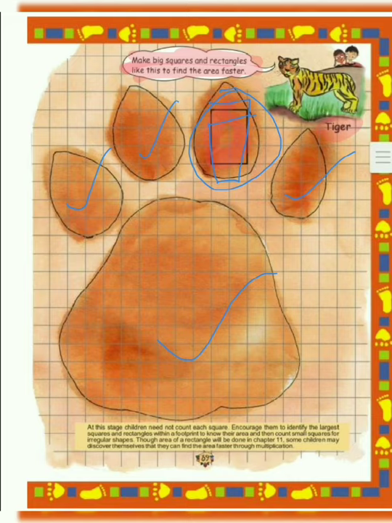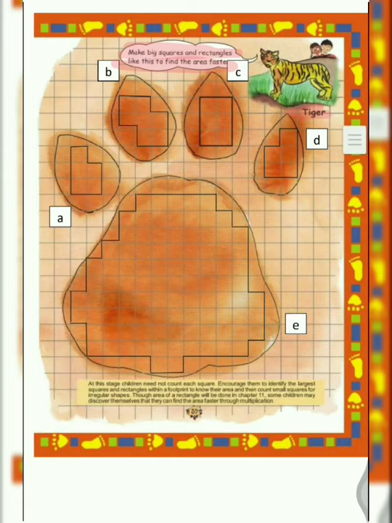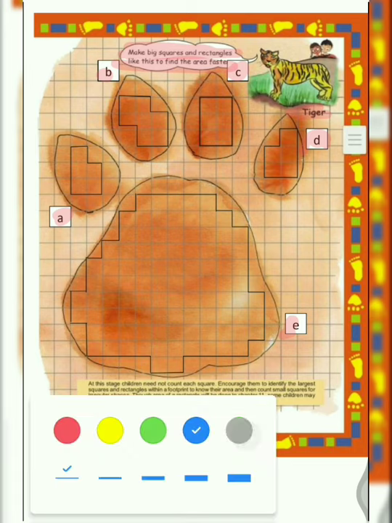But before that, we will name them like this: A, B, C, D and E. Clear? Can we start? Here we give the names A, B, C, D and E. Clear? We will start with A1.